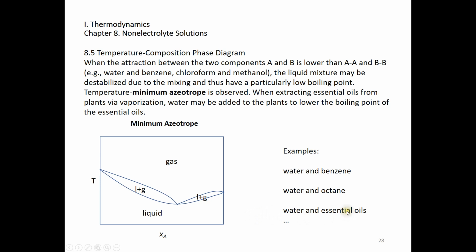So relatively, when you mix these two, you destabilize both of them in the liquid phase. If you mix water and benzene, you destabilize water and benzene at the same time, and that means it's easier to convert the liquid phase to the gas phase. You have a lower boiling point for the mixture.